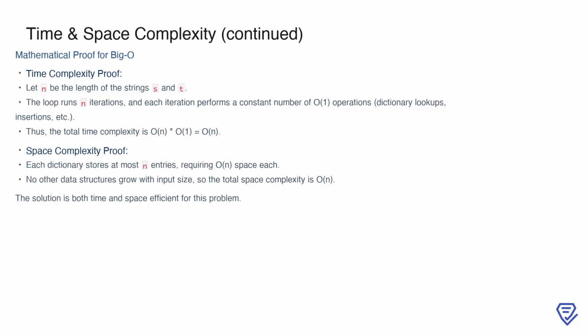For the space complexity, consider the two dictionaries, map_s_to_t and map_t_to_s. Each dictionary can store at most n entries in the worst case, where every character in s and t is unique. This results in O(n) space for each dictionary. Since no other data structures scale with the input size, the total space complexity remains O(n). This efficient use of time and space makes the solution well suited for this problem.